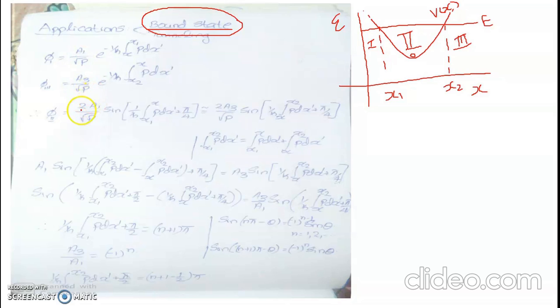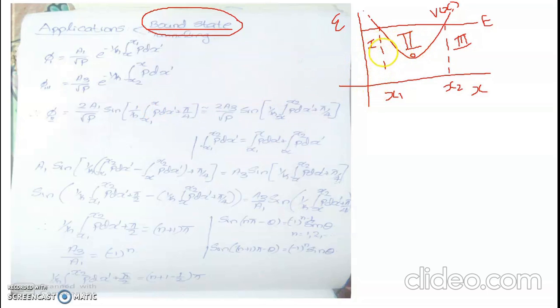So I have put a factor 2 here. A1 is the coefficient for the decreasing exponential, so here the constant needs to be 2A1. By root p is retained, sine of 1 by h cross integral x1 to x. I am connecting the wave function in region 1 in order to obtain the wave function in region 2.